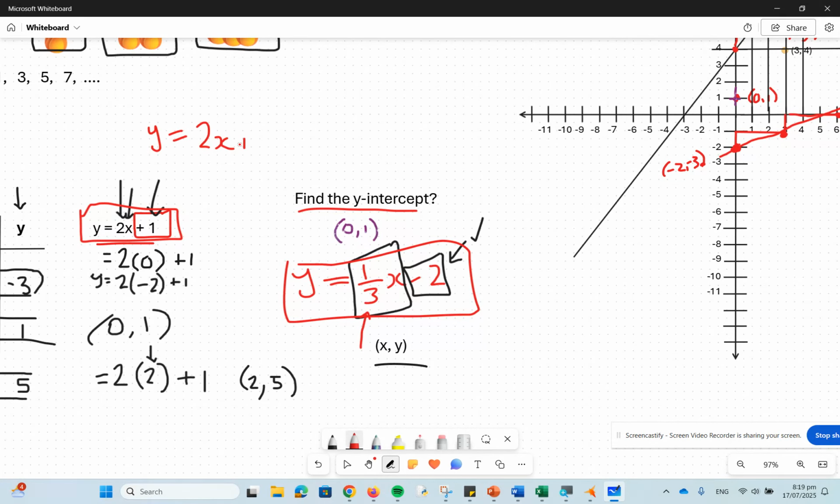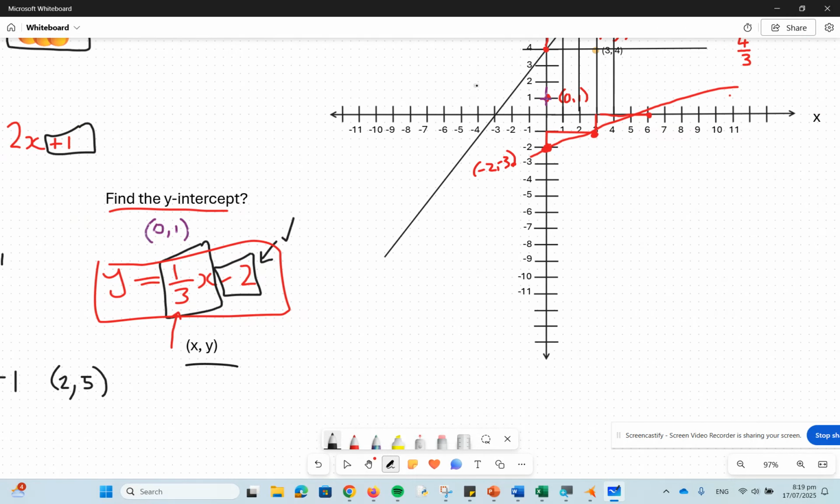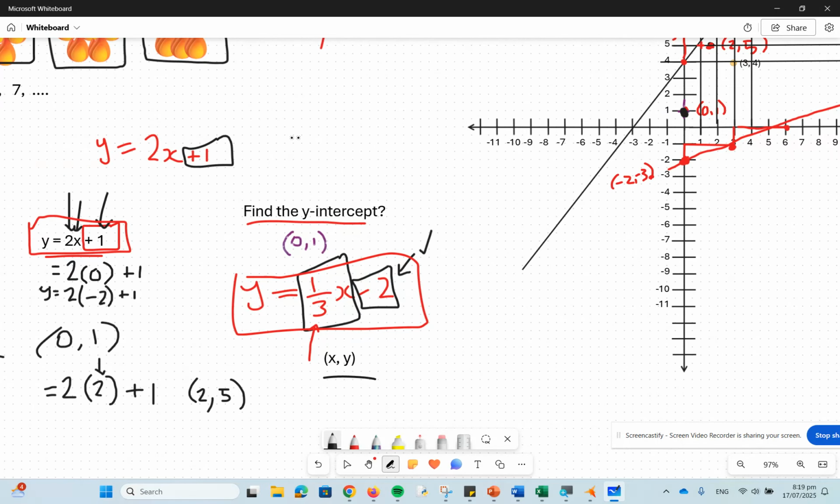That there is the y-intercept, so it's plus 1. And this is the gradient, it's a 2, so that's easy. Well, if there's only one number, the rise over run would be 2 over 1.